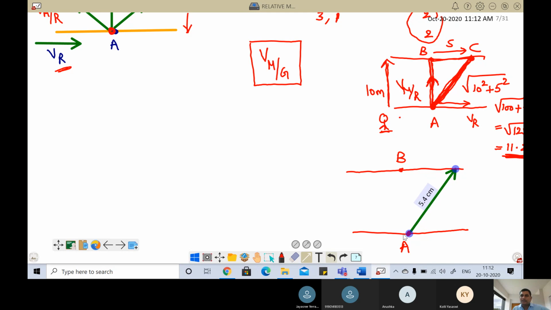Will this be the shortest path, or this, or this?